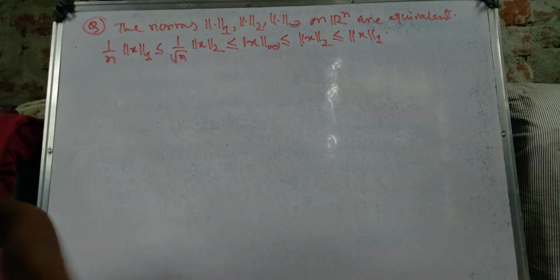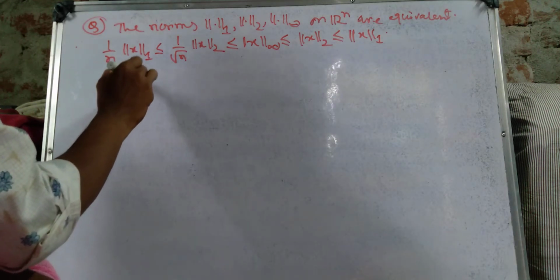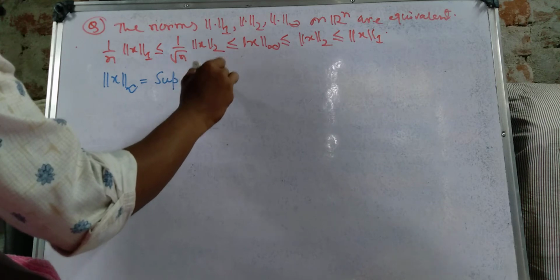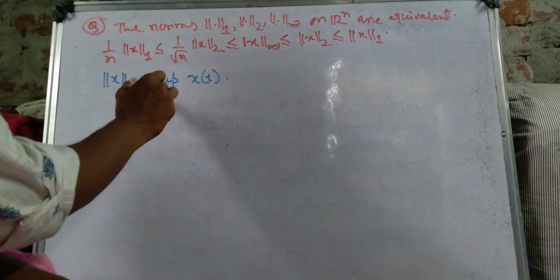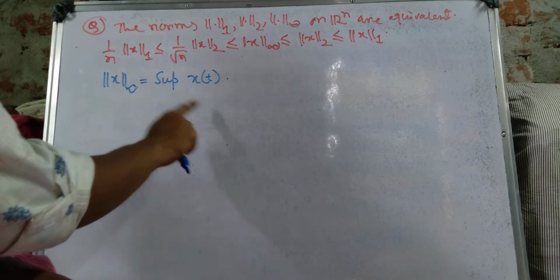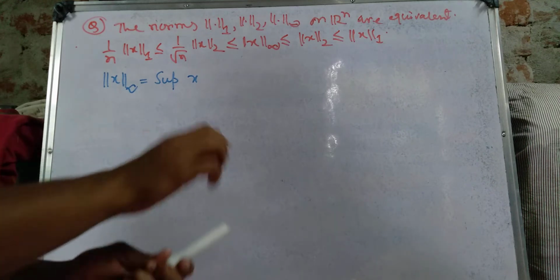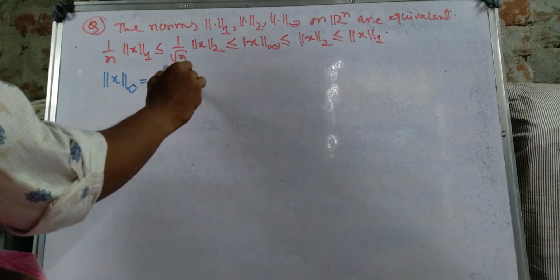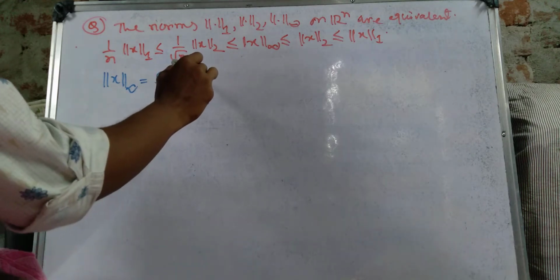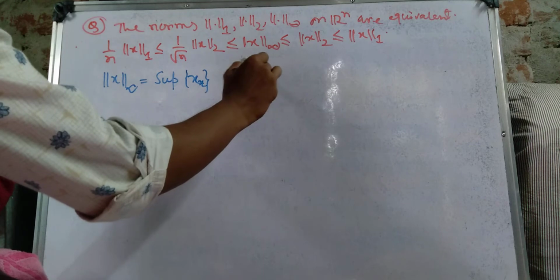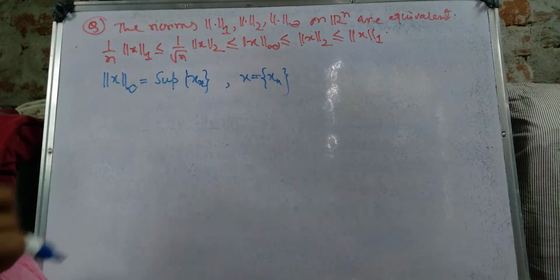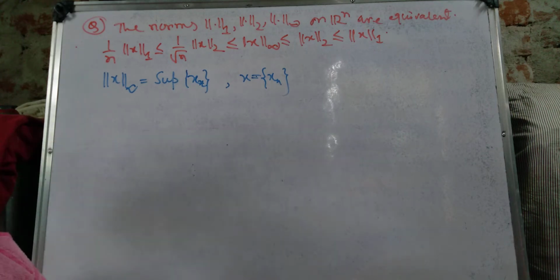Norm infinity equals the supremum of |xk|, that is, the maximum of |xk| where 1 is less than or equal to k less than or equal to n.